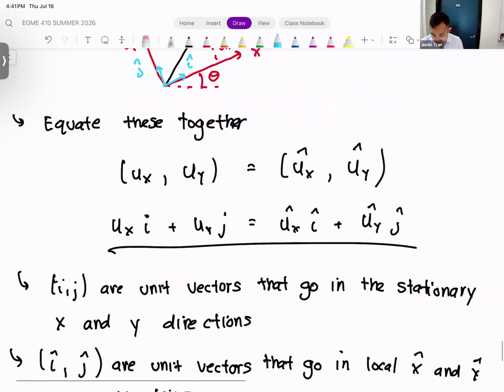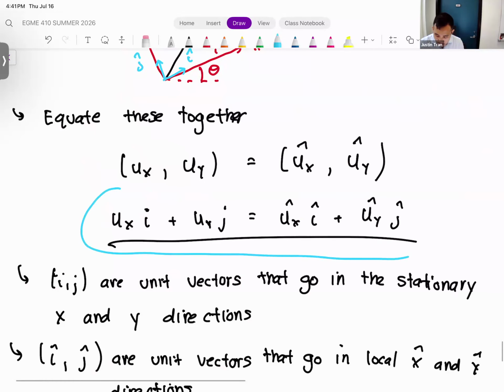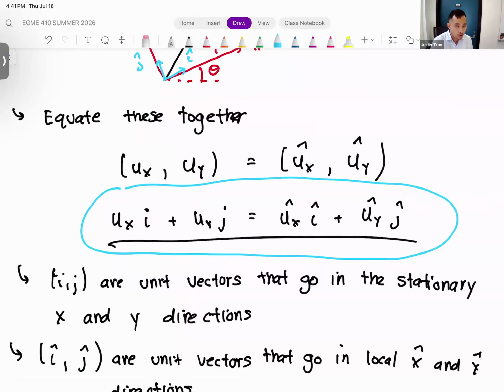But the nice thing about this form of the equation is that we have an algebraic equation that we can actually solve. What we're going to do is plug in for the unit vectors to get a relationship between ux, uy, and ux hat, uy hat.